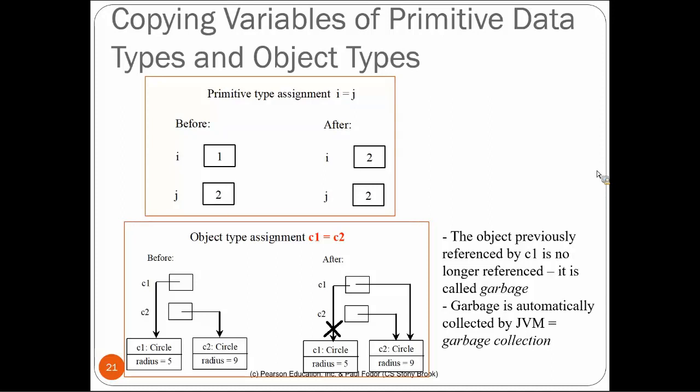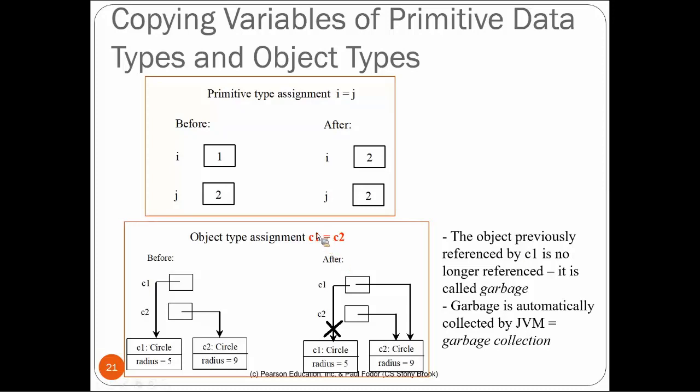So really what assignment means is that we copy the value from j into i. So basically the two variables are not connected. Now we have two variables, two different memory addresses where we have 2 and 2 after the first assignment.